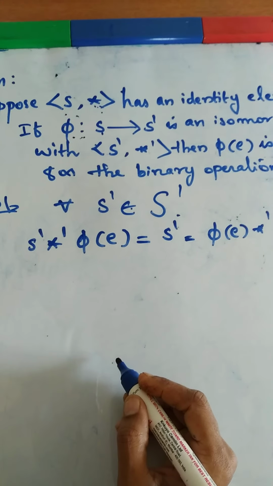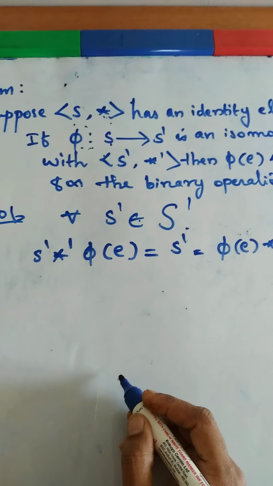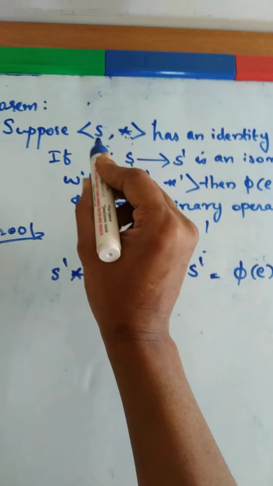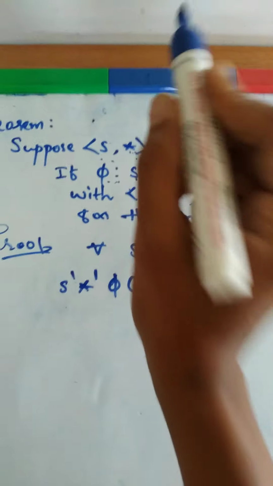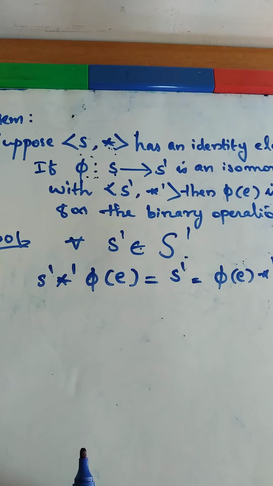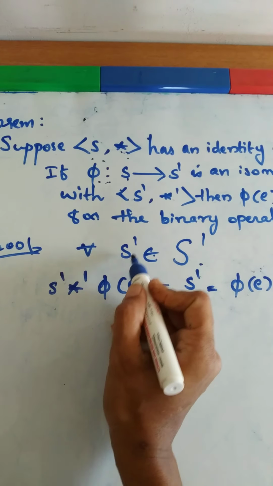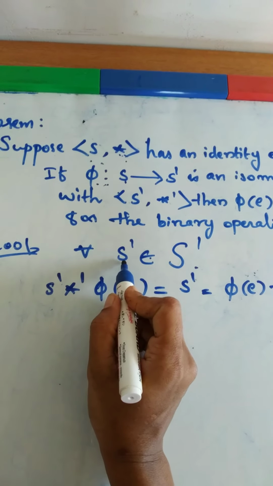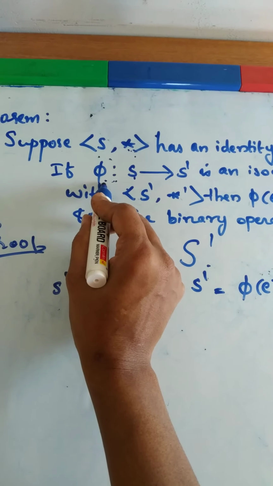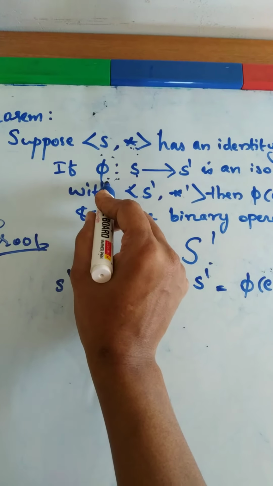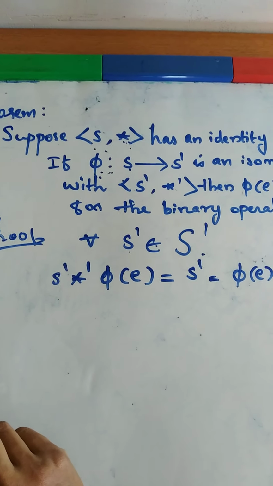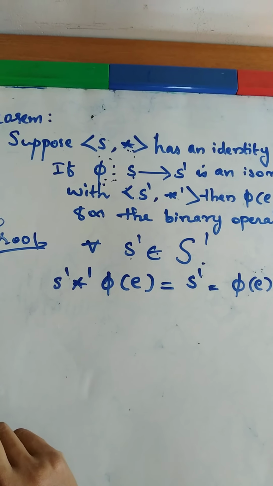So just think about the proof. We have in our hand that E is an identity element in S with respect to star, and phi is an isomorphism. We take an element from S dash and denote it by small letter S dash. Since phi is an isomorphism, what is meant by an isomorphism? A bijective, that means one-one onto function, with the homomorphism property.